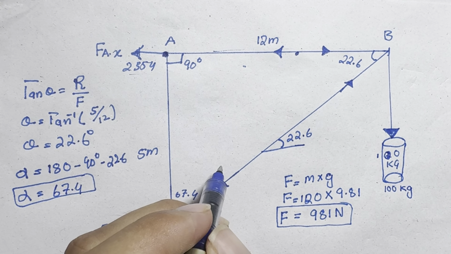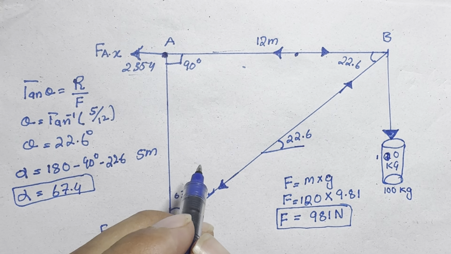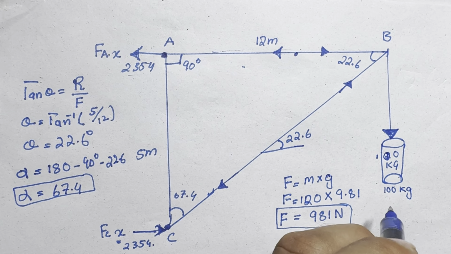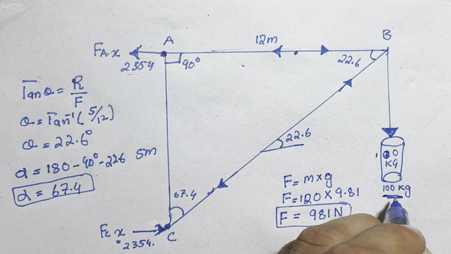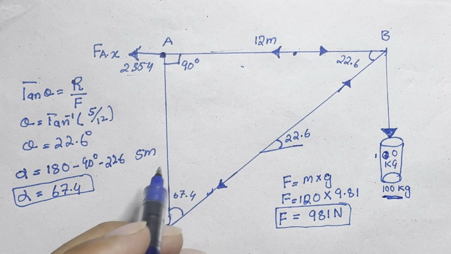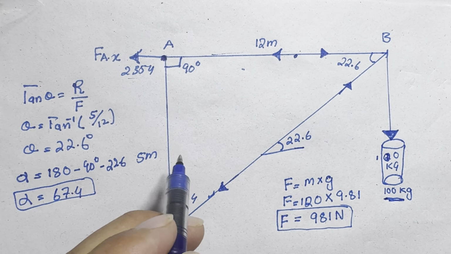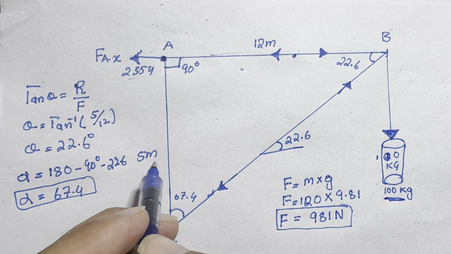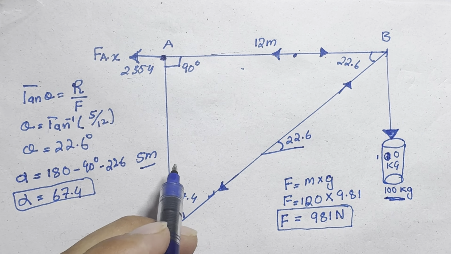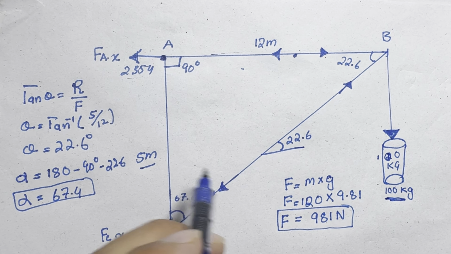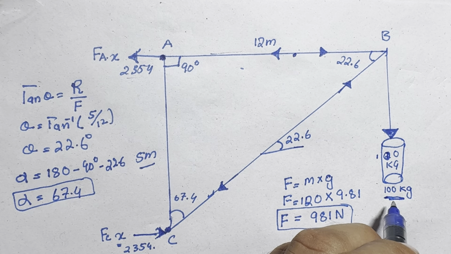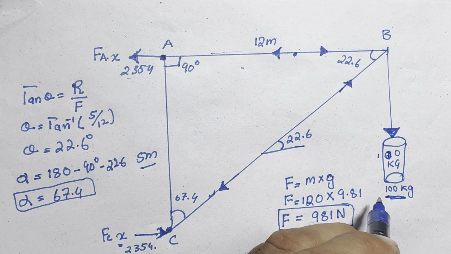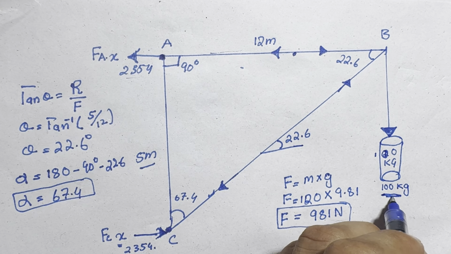If we find these angles, then we find the force, and we convert this force into Newton, because all the measurements and lengths are given in the SI unit, so it should be converted into the SI unit, Newton.